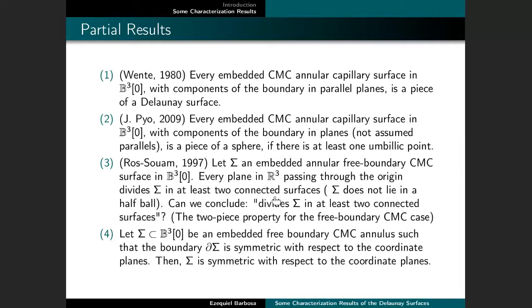And the philosophy of the moving planes, the Alexandrov reflection technique, is the symmetry. For example, the symmetry of the boundary can reflect to the symmetries inside the surface. So we expect that this Alexandrov reflection technique should be enough in order to get this kind of classification results.